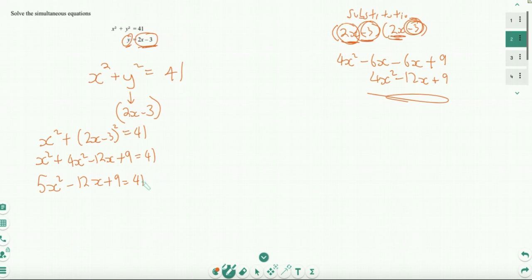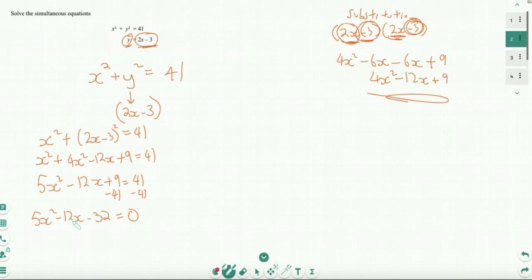So we have to make sure the other side is always equal to 0, so we're going to minus 41 on both sides. So we have 5x squared minus 12x plus positive 9 minus 41 is negative 32, I think. Yes, equals 0.